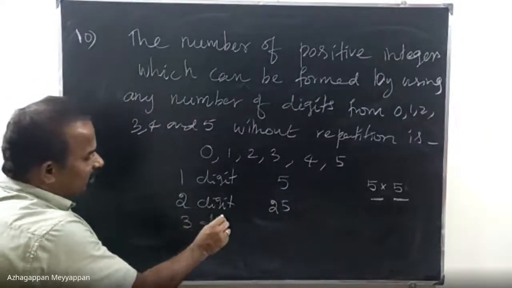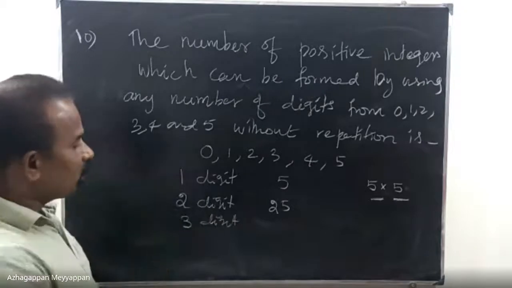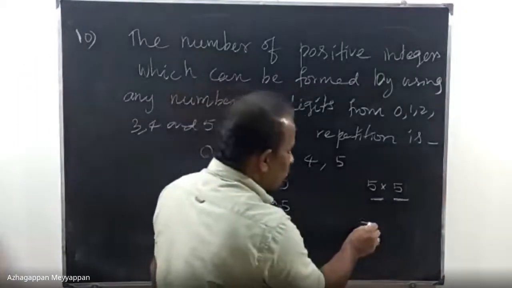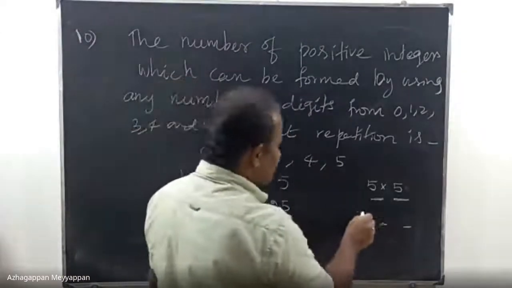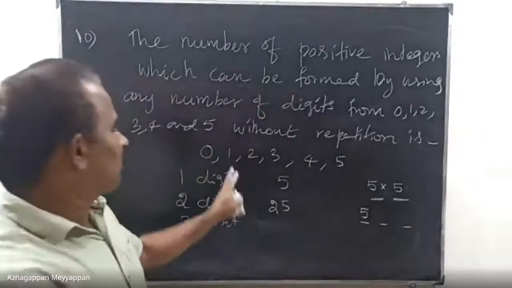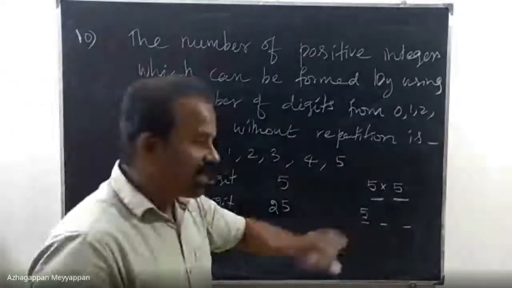Then how many three-digit numbers? You have to calculate like that. Again, for the first digit there are 5 possibilities, since 0 will not come here.